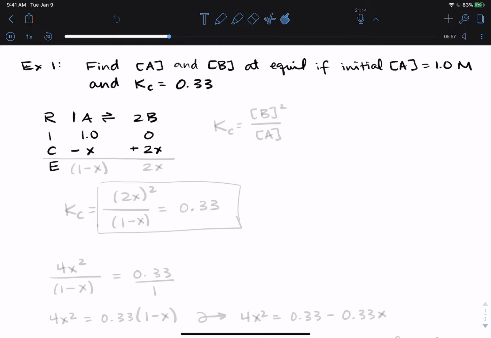Because 1 A turns into 2 B. So that's exactly what is going to happen in my change row. And now my equilibrium row, when I add these together, the concentration of A at equilibrium is 1 minus x, and the concentration of B at equilibrium is 2x.